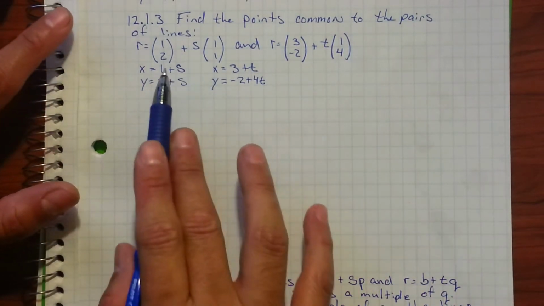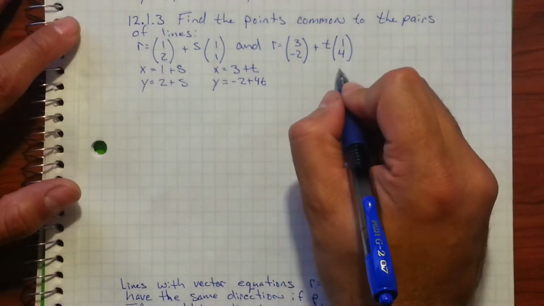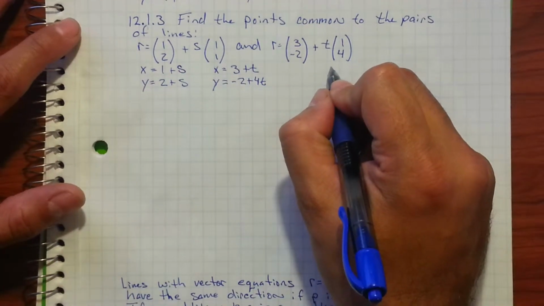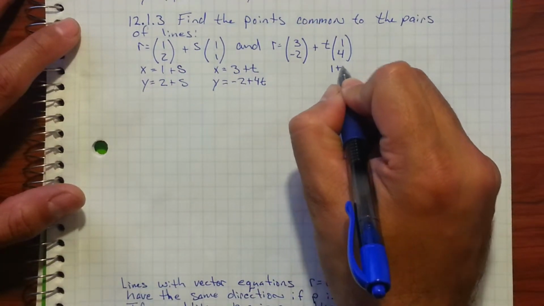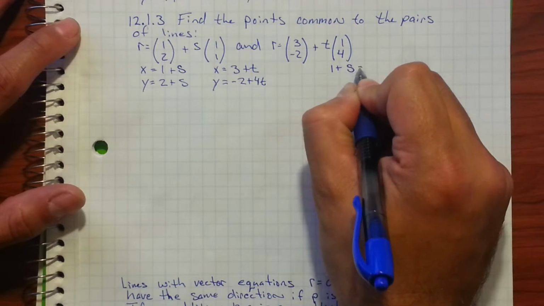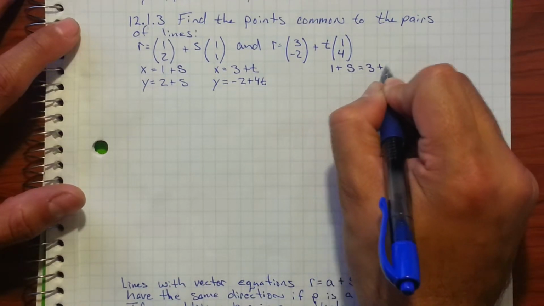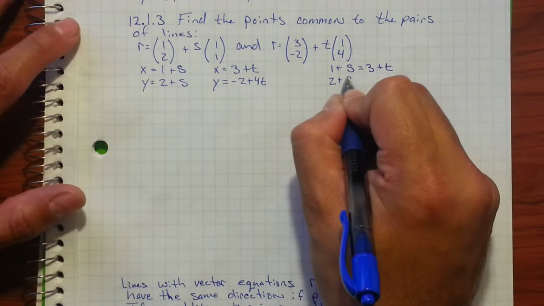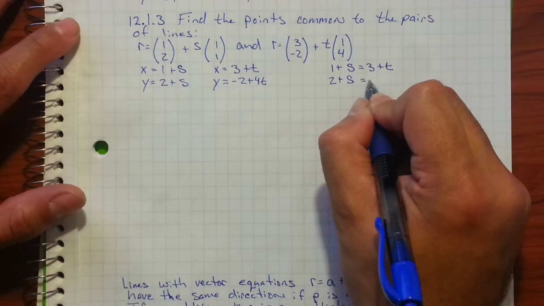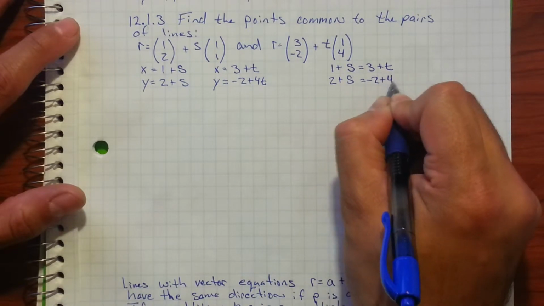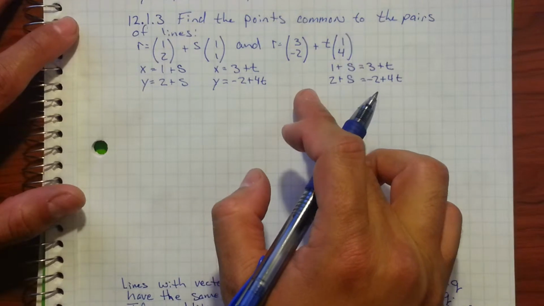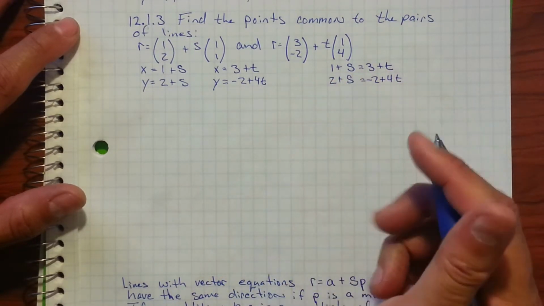Now I'm going to set these equal to each other here. So the x's go together, then the y's will go together. So I should get 1 plus s is equal to 3 plus t. Next one's going to be 2 plus s is equal to -2 plus 4t. Let's move the variables to the left side and my constants to the right.